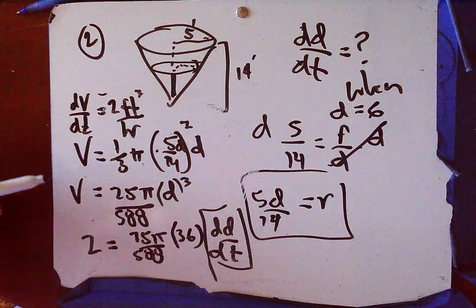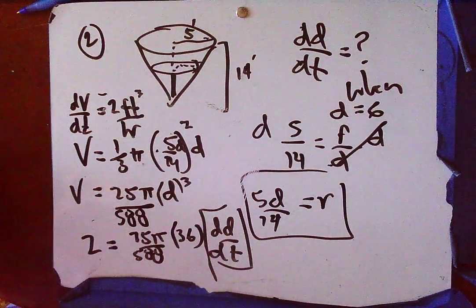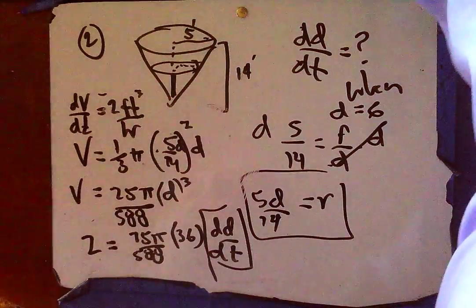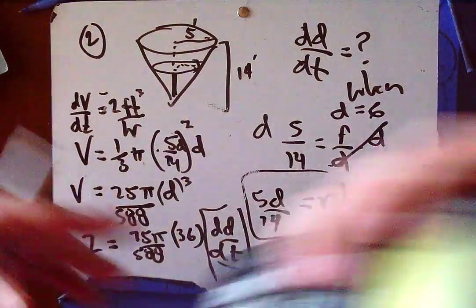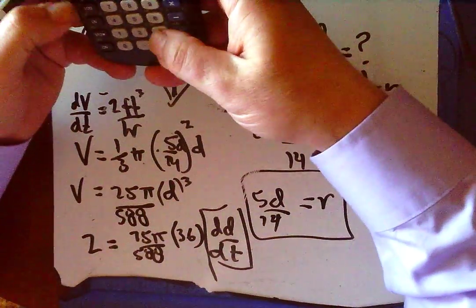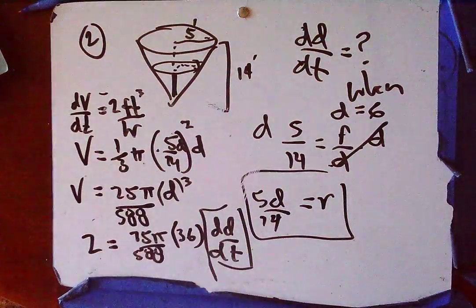Okay, let's take a look. I'm supposed to take 36 times 75 pi divided by 588. I'm supposed to take 2 and divide by that number.